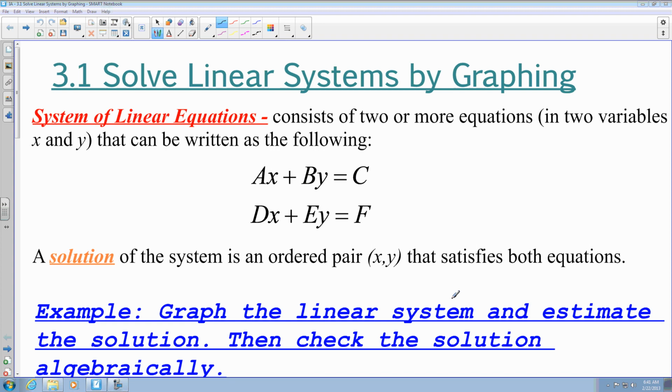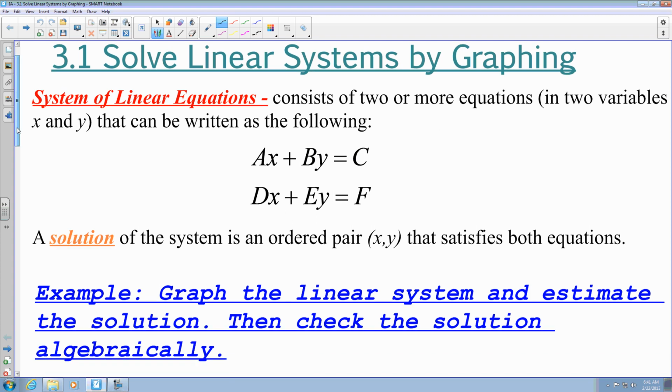To find a solution for a system, you're going to get an ordered pair of x and y that satisfies both equations. So if you do end up finding a solution while graphing, it's where both lines intersect. That's what is considered the solution for a particular problem.